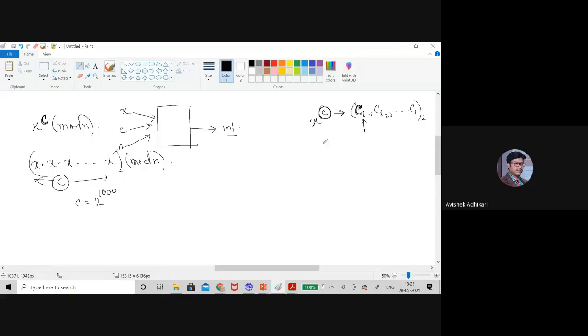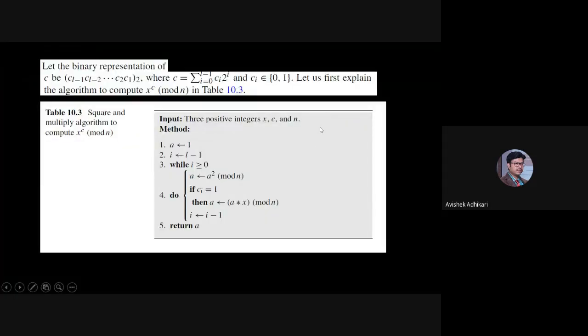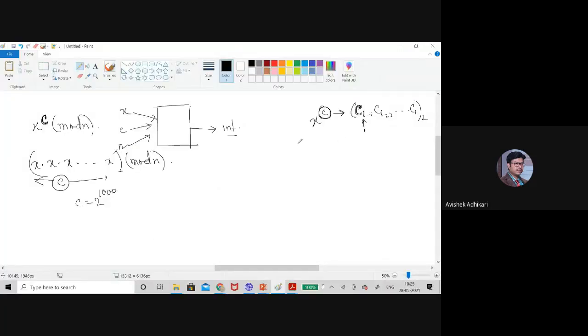For example, suppose 6 is there. The value of 6 is basically 0, then 2 and 4. So this is your c_{l-1}, c_{l-2}, c_{l-3}.